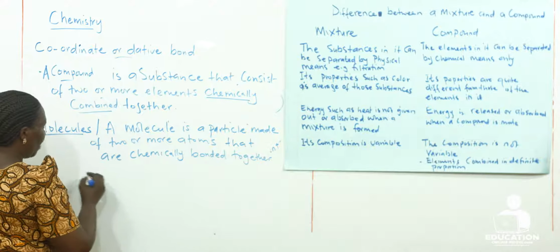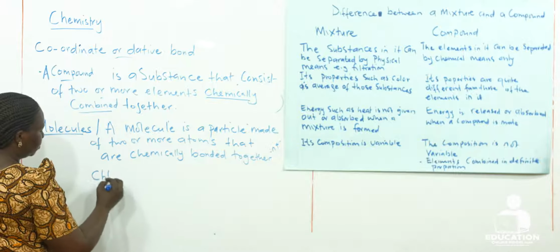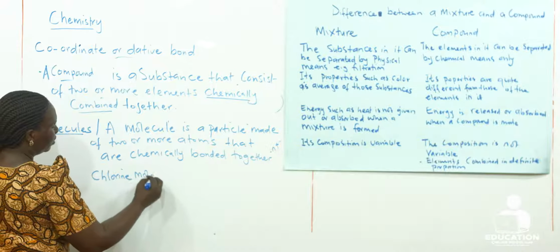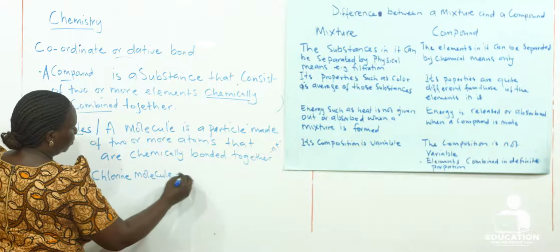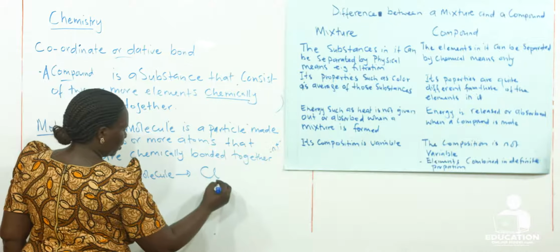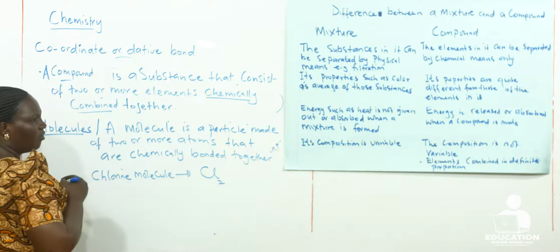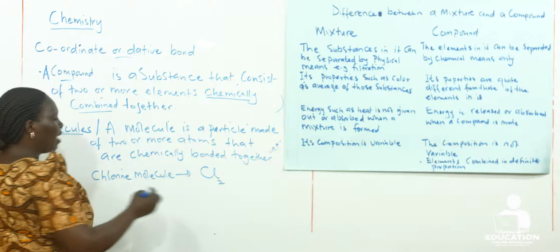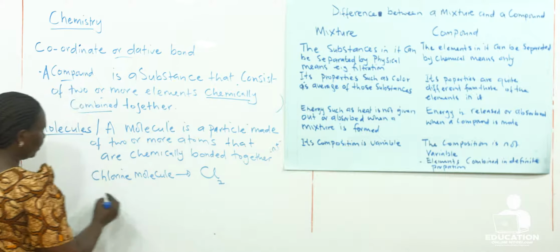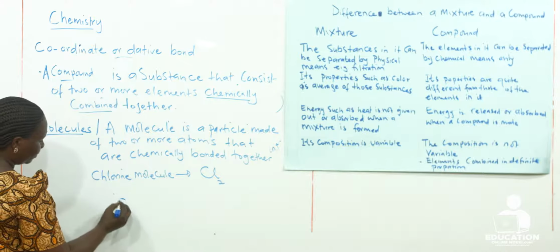For example, we have chlorine molecule. The chemical formula of chlorine molecule is like that. So we have 2 atoms of chlorine, and the structure can be represented like this.